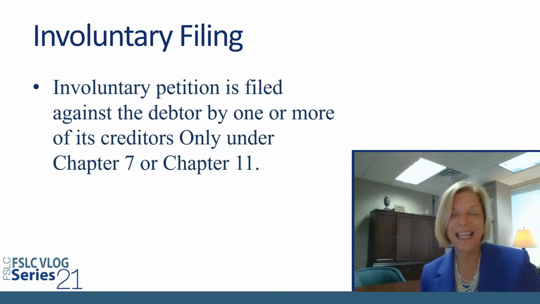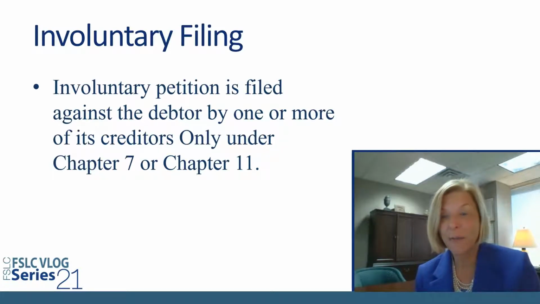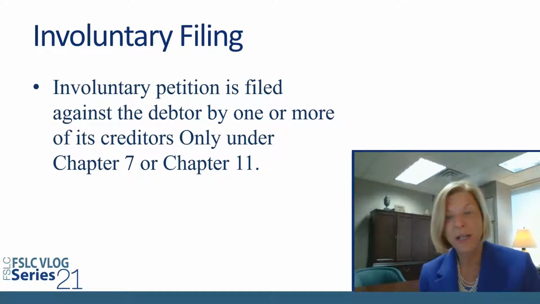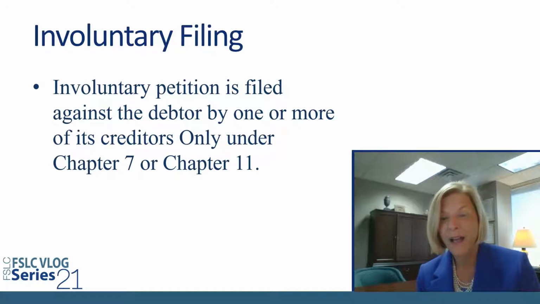I said that the bankruptcy can be involuntary or voluntary. What does that mean? It means that a debtor can file its own bankruptcy. A company or an individual can decide to file, and they file their own petition. That's a voluntary bankruptcy.